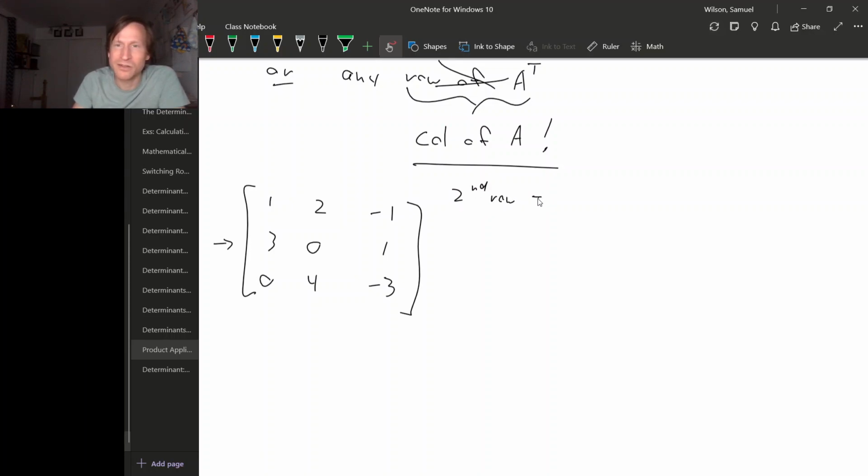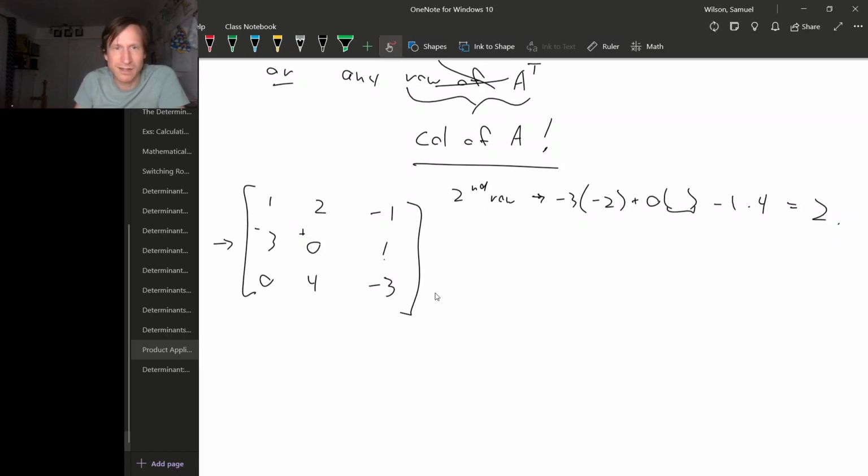If we expand along the second row, we get -3 times the determinant here, so -6 plus 4, which is -2. That's a minus, and then a plus on this one, so plus 0 times whatever, then -1 here times these guys, so 4 minus 0, so 4. So 6 minus 4, that's 2.